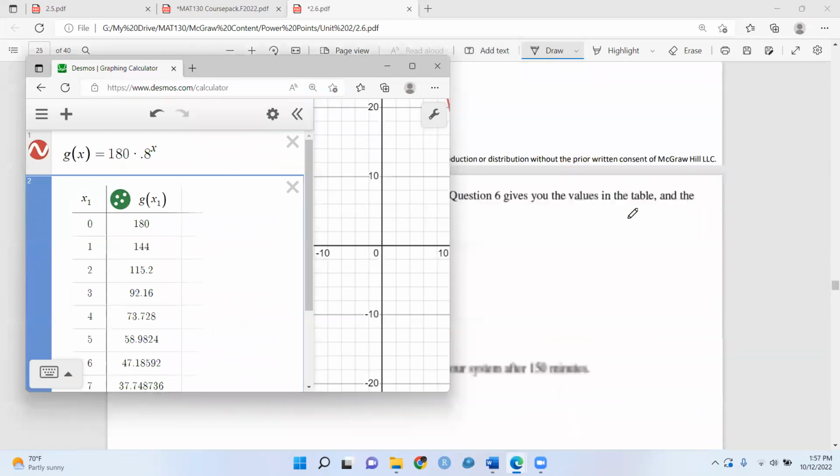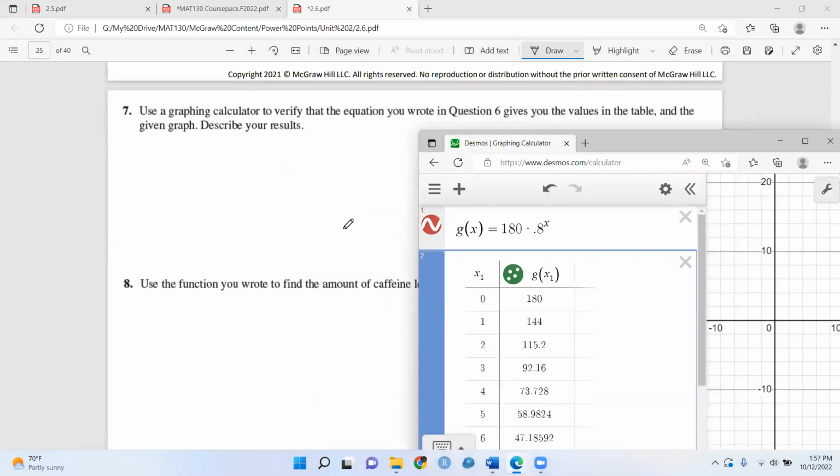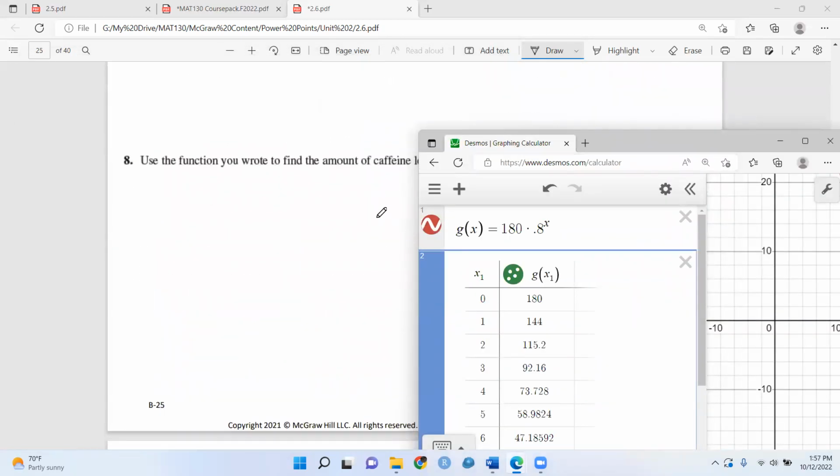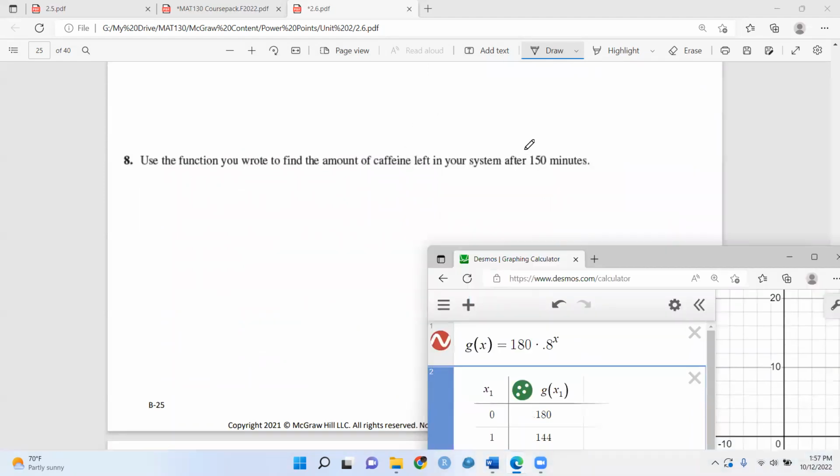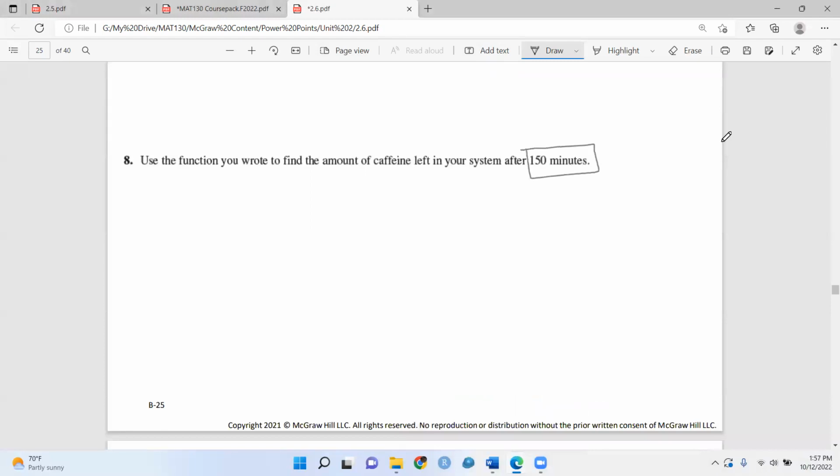Okay, now we're going to do a couple problems. Here it says, let's take our function and figure out how much caffeine is left in your system after this many minutes. Well, this is an x value, except that x is defined as hours after the cup of coffee. So these minutes aren't going to work. We have to convert those minutes into hours.